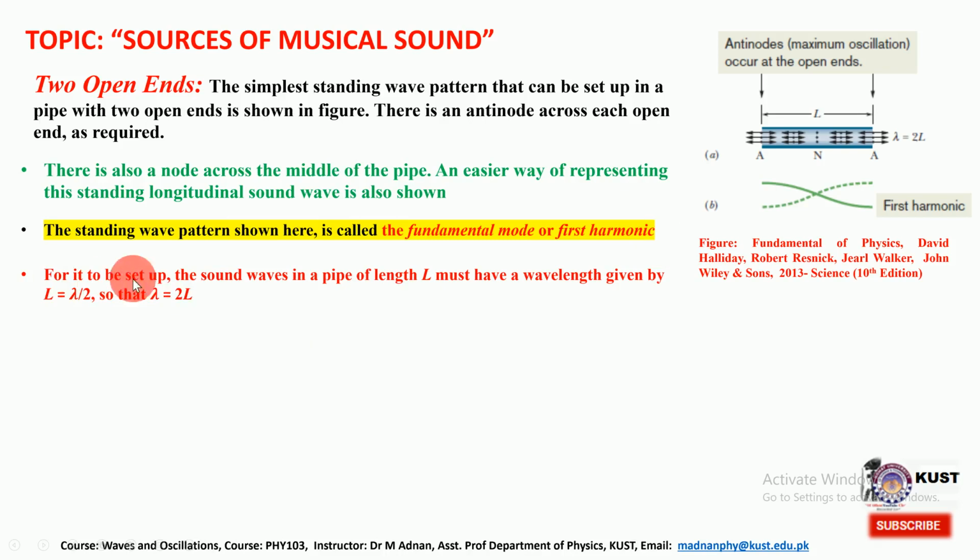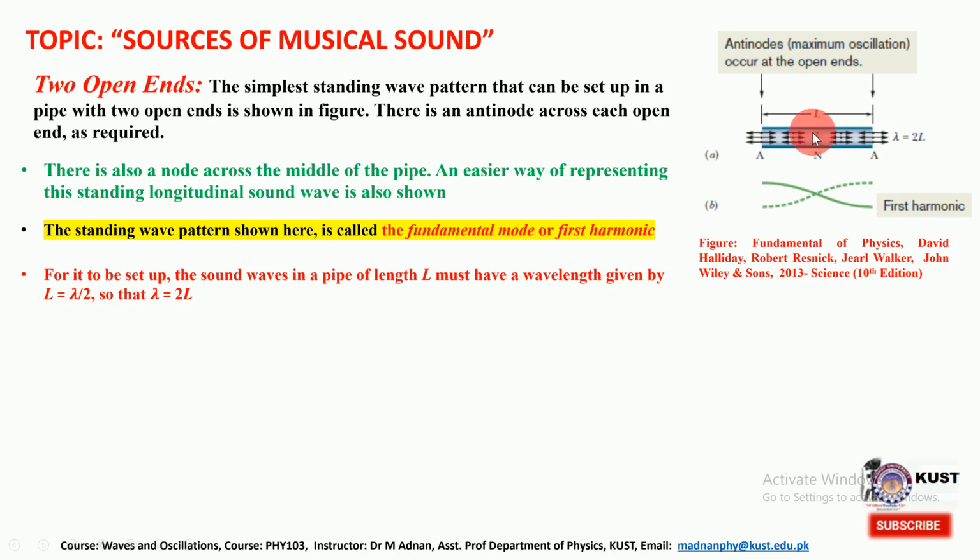So for the sound waves to be set up in a pipe of length L which is open at both ends, it must have a wavelength given by lambda by 2. If we see here, we know that the distance between two antinodes is lambda by 2.